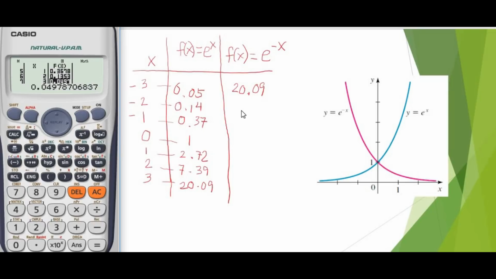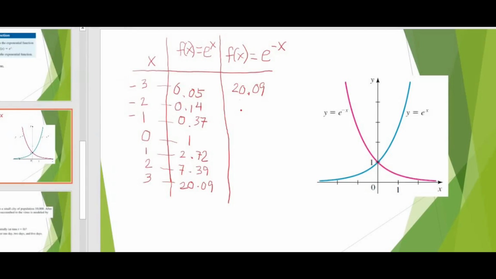So when x equals negative 2, we have 7.39, and we have 2.72, 1, and 0.37, 0.14, and 0.05.